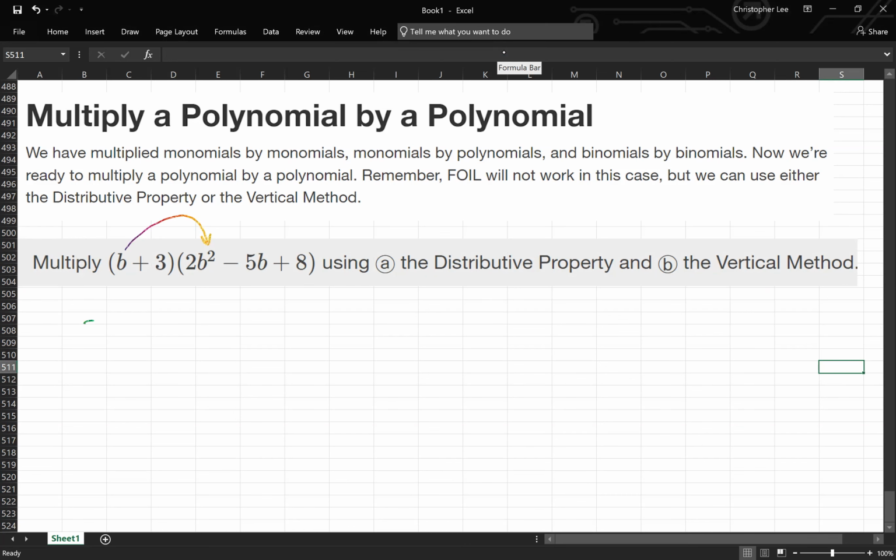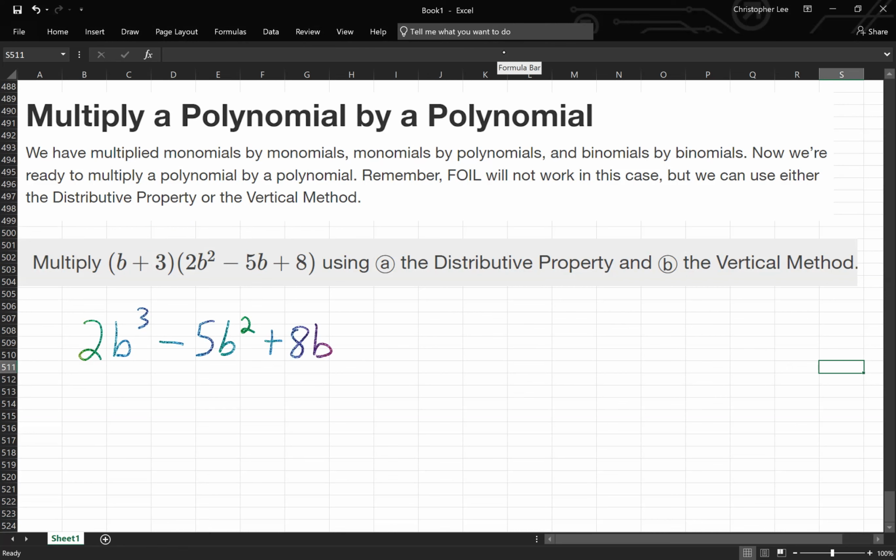That's going to give me 2b cubed. Next, I'm going to have b times -5b, which is going to give me a -5b squared. Next, I'm going to have b times 8. This is going to give me a plus 8b.